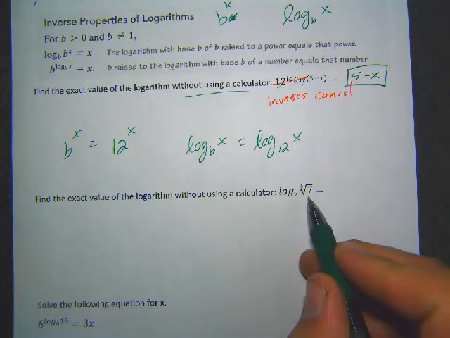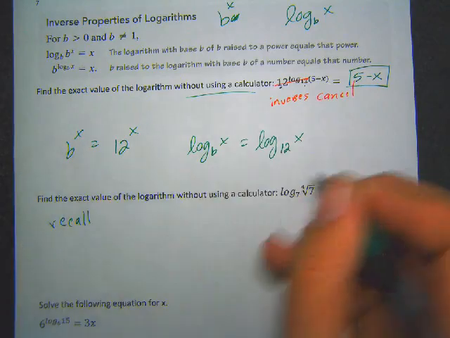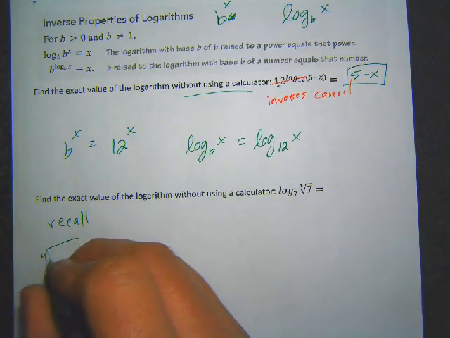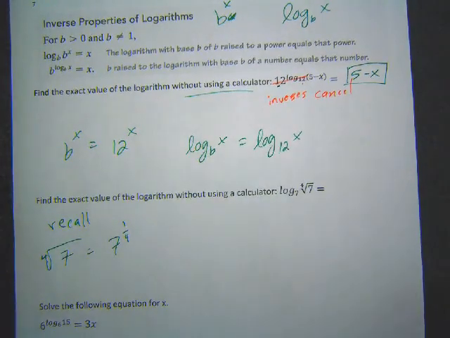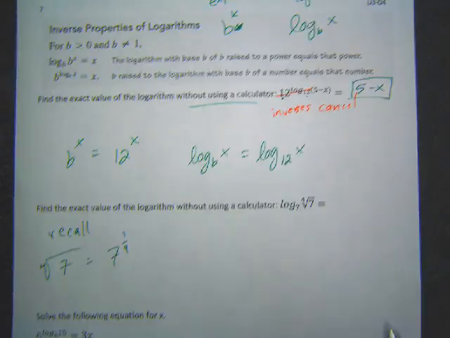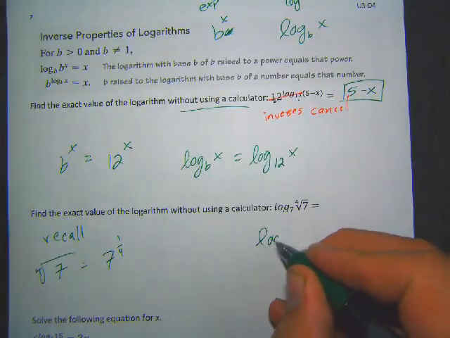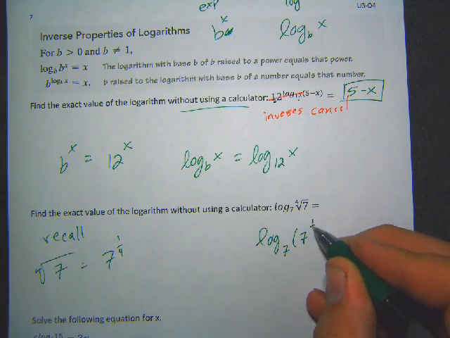Next one's kind of similar. This one, again, they threw that root in there. So just recall, you guys should remember by this point that the fourth root of 7 can always be rewritten as 7 to the 1/4. We'd much rather work with powers right now because a power is going to be an exponential function. So we can actually write this as log base 7 of 7 to the 1/4.